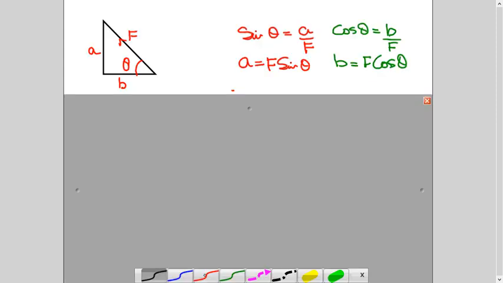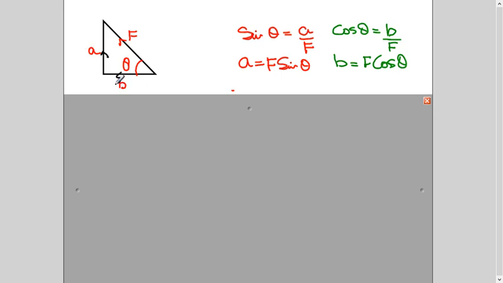Before I begin, I want to give you this piece of information. Whenever I explain this in class and write directly, students get confused. For example, I draw the diagram and this hypotenuse is F Newton. Because I'm resolving it horizontally and vertically, I write the components directly as F sine theta and F cos theta.